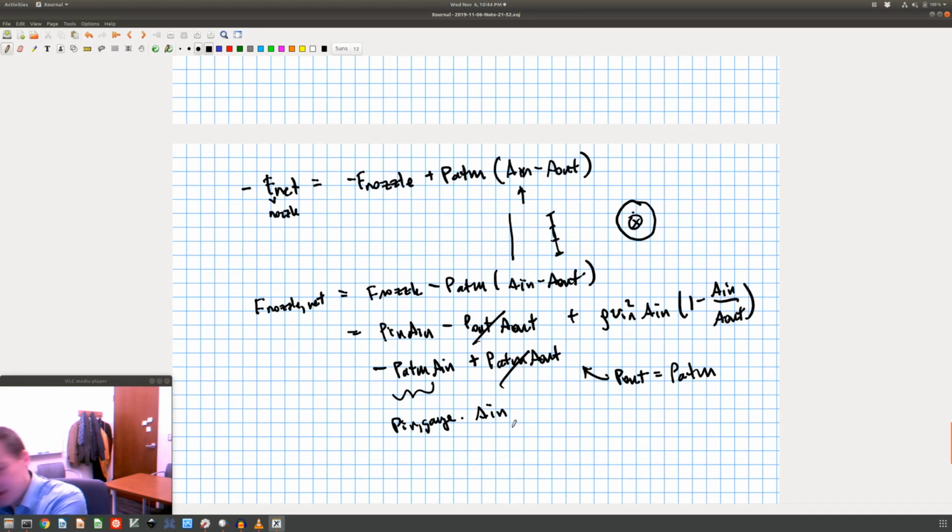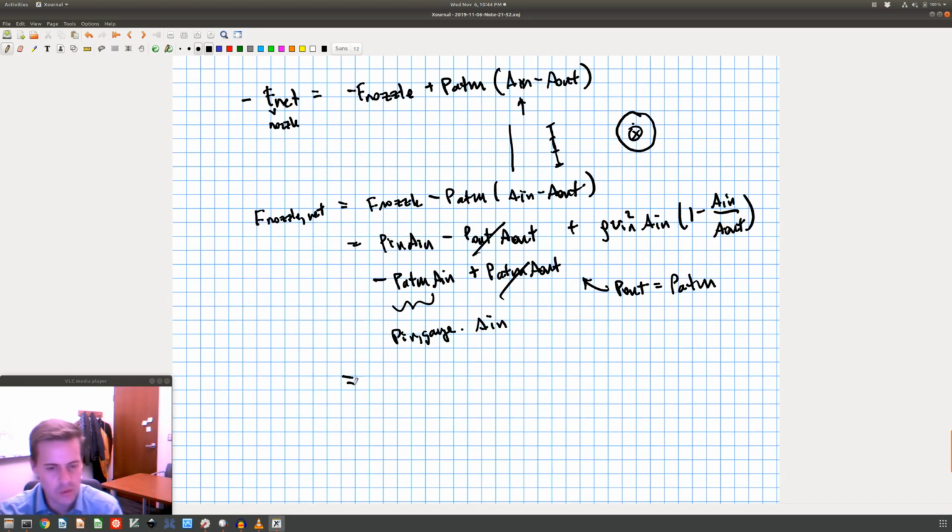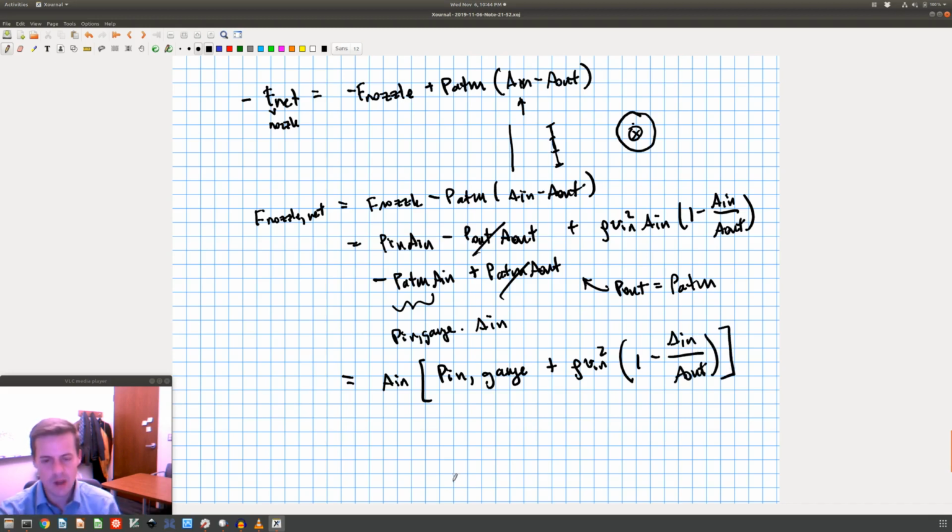And so I end up with the exact same expression that I had before, which is A in multiplied by P in gauge plus rho V in squared, factor that one out, 1 minus A in divided by A out, close brace.